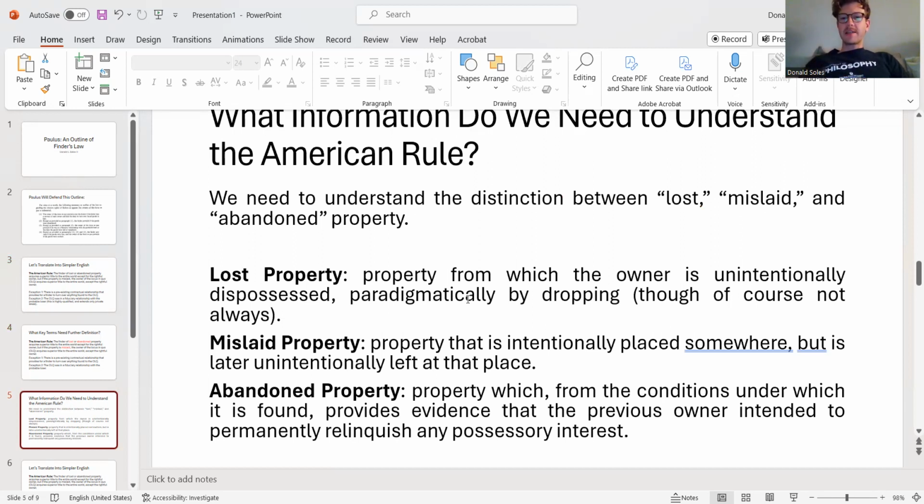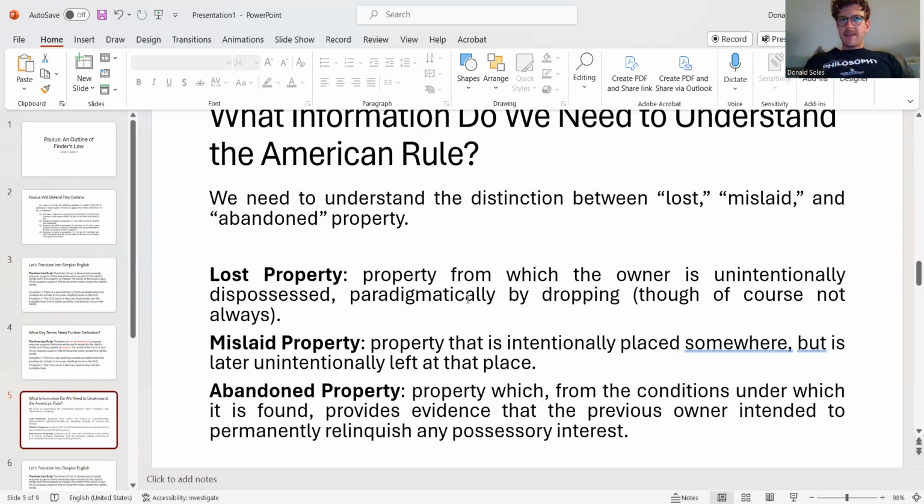Lost property is property from which the owner is unintentionally dispossessed, and it's usually by dropping, but it needn't be by dropping. So if you were the same person in the same amusement park, but your car key was in your pocket and you later went on a roller coaster and the roller coaster threw you around and the key flew out of your pocket while you were on the ride, well, you didn't drop it in any sense of the term drop, but you still lost this thing because you were unintentionally dispossessed of it.